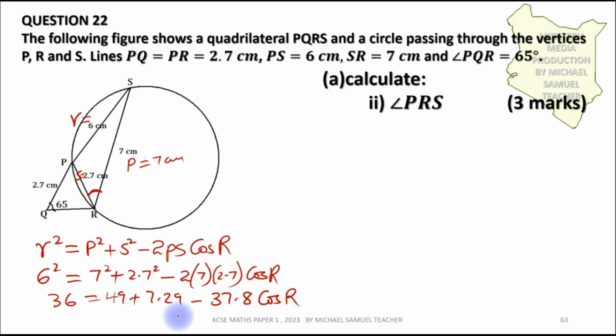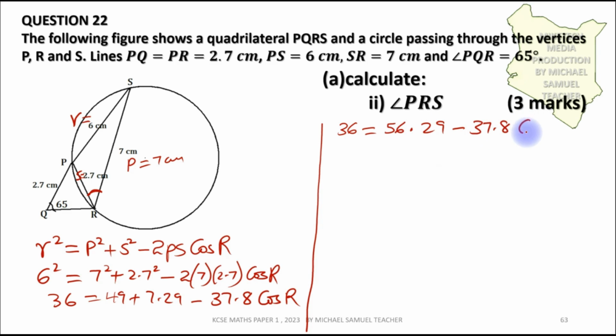So we move on. From there, we have 36 is equal to 49 plus 7.29, that is 56.29, minus 37.8 cosine R. Therefore, subtract 56.29 on both sides.